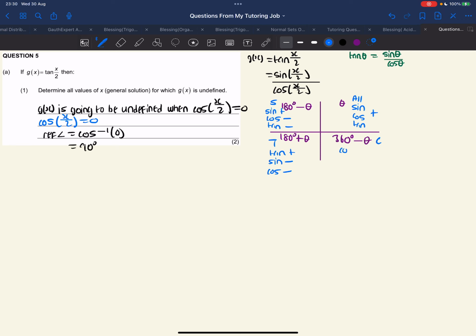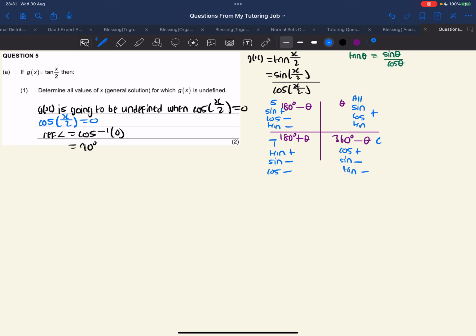And for this one, cos will be positive, then sine and tan will be negative. Now can you see that cosine is only positive in two quadrants, which is quadrant 1 and quadrant 4? Let's try and do those general solutions then.